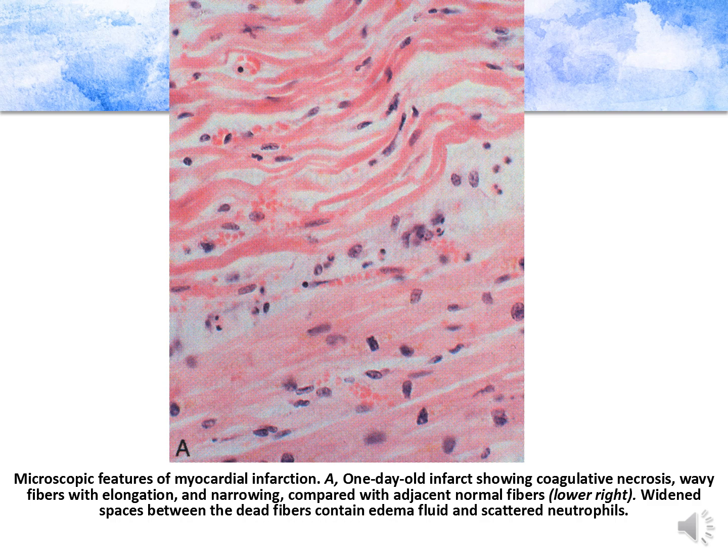Here you see the histological picture, or microscopical feature, of myocardial infarction. We see a 1-day-old infarct showing coagulative necrosis. It is on the top of the picture. We see wavy fibers with elongation and narrowing compared with the adjacent normal fibers in the lower right part of the picture.